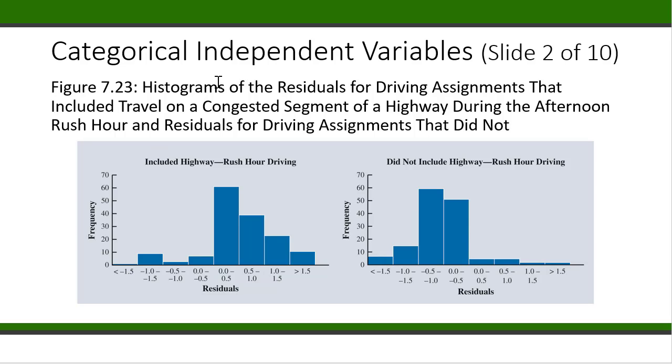Here we have the histograms of the residuals for driving assignments that include travel on those highways during the afternoon rush hour and those that did not. Remember, the residual is the observed value minus the predicted value. Showing those residuals like this indicates that it would be good to use a dummy variable to show some of that unexplained variance in our model.